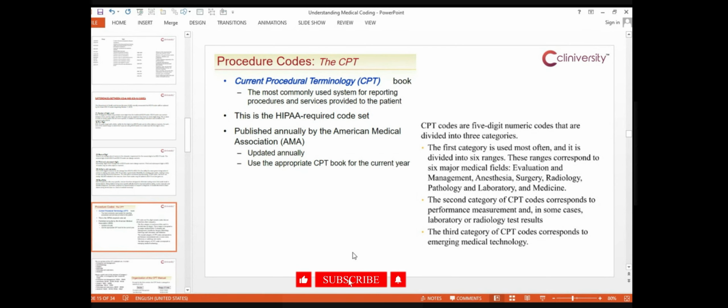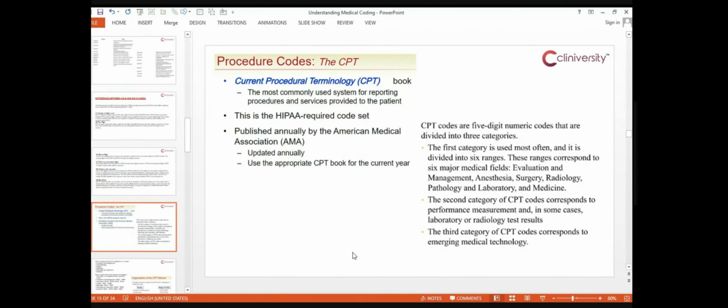This is a book or dictionary, the most commonly used system for reporting procedures and services provided to a patient from any clinic or hospital. This is again a HIPAA required code set, published annually by the American Medical Association, that is AMA, and it is also updated annually, and the appropriate CPT book, that is the dictionary, for the current year is used. So whenever coding is going on in a company, they always try to use the updated version.